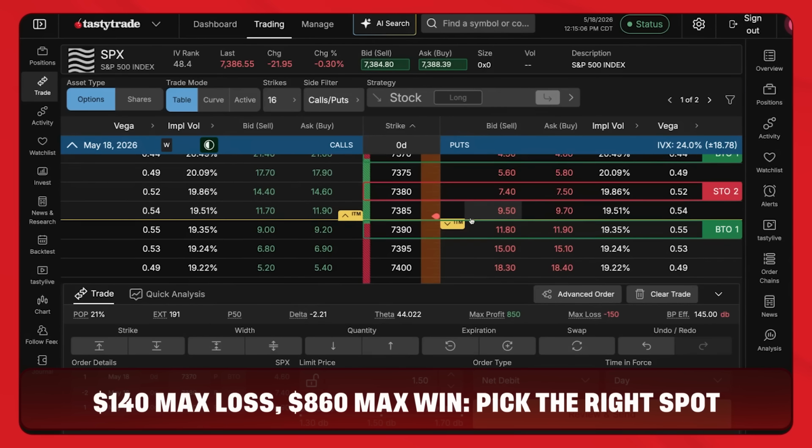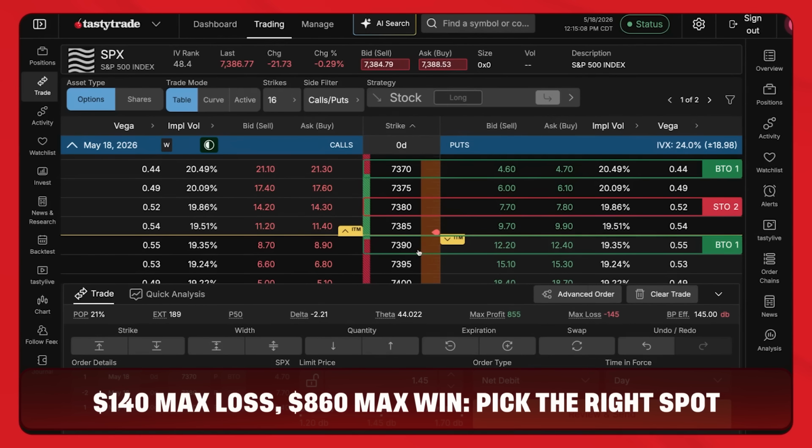The index could be somewhere between 7390 and 7370, so $1.50 lower in this case, let's say, to 7388.50 to 7371.50. Somewhere in between those break-even points, you're going to make a little bit of money on this trade. Again, $140 max loss, $860 max profit if you nail that strike and it expires at that strike.